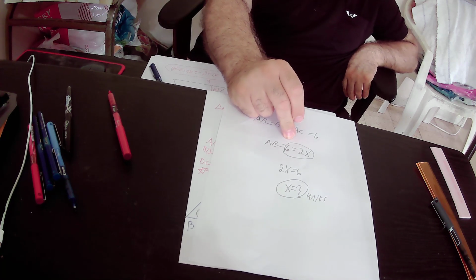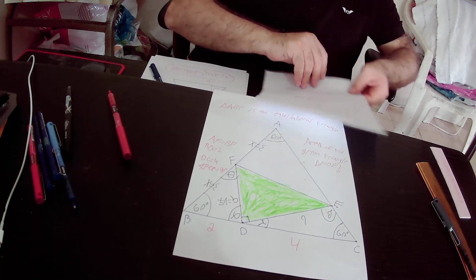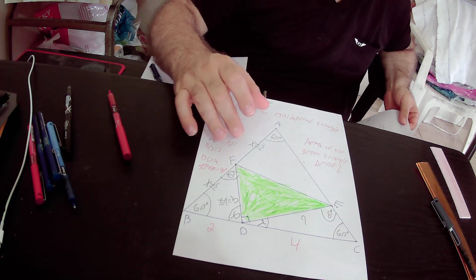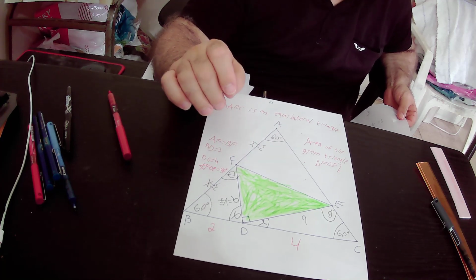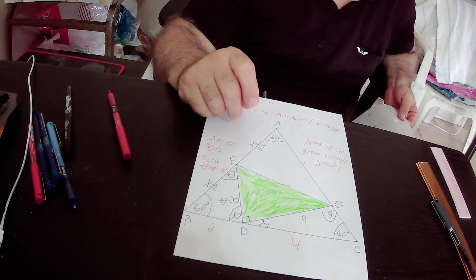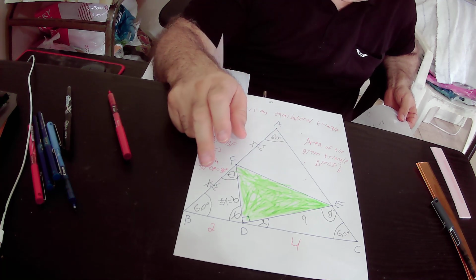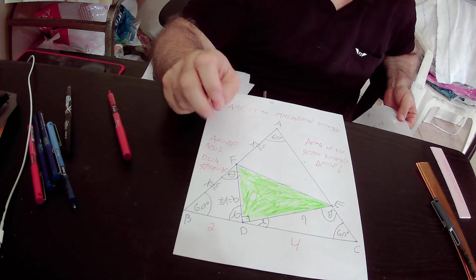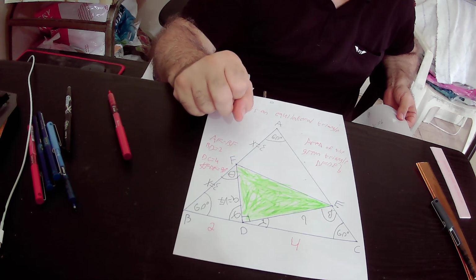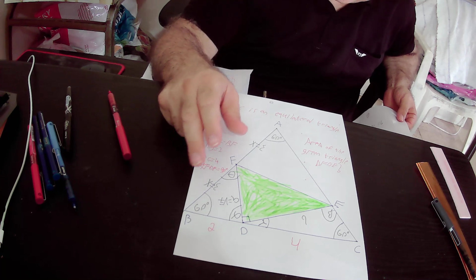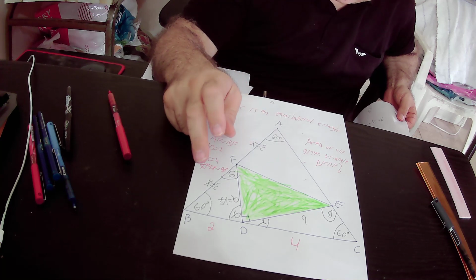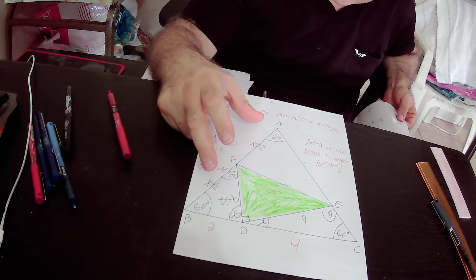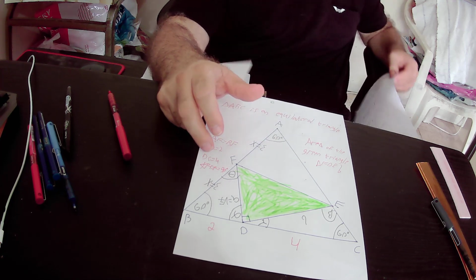From the other side, we know that AB equals AF plus BF, and we defined AF as x, so BF is also x because AF equals BF. So AB equals x plus x, in other words AB equals 2x.